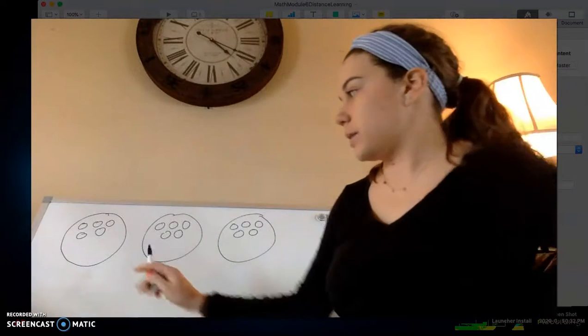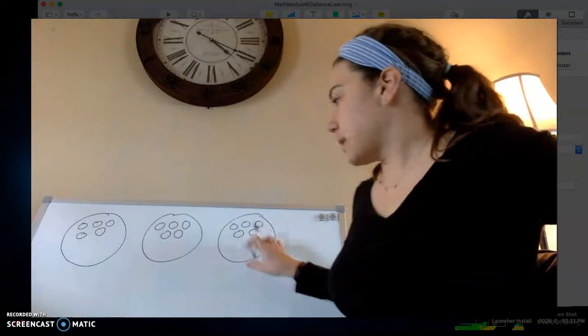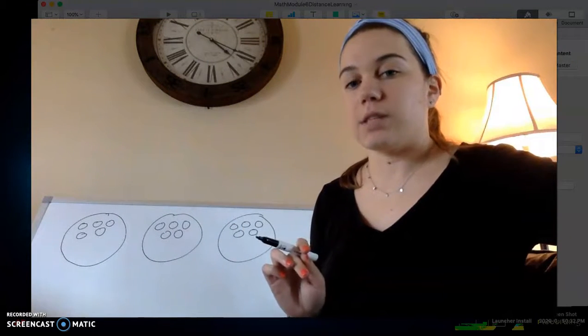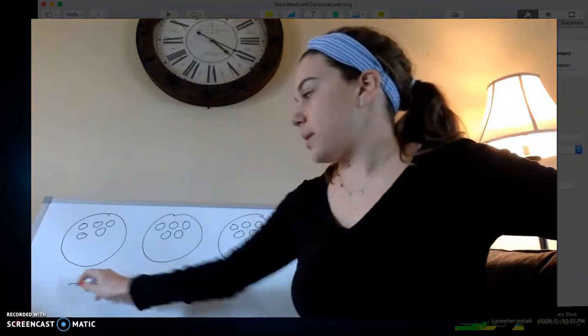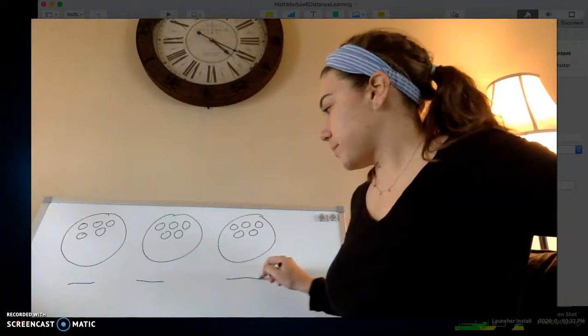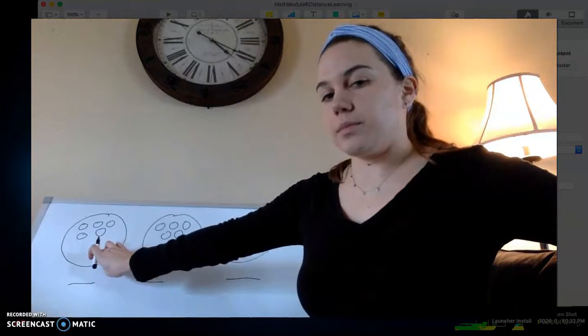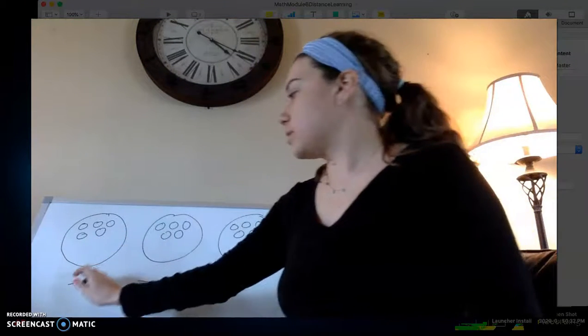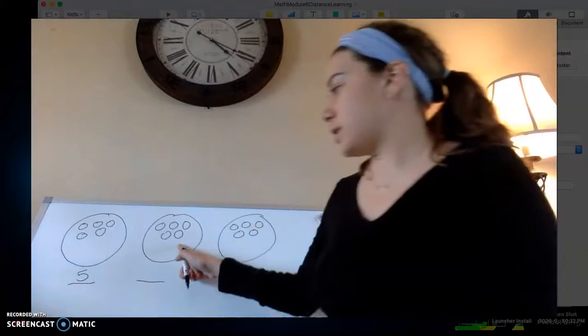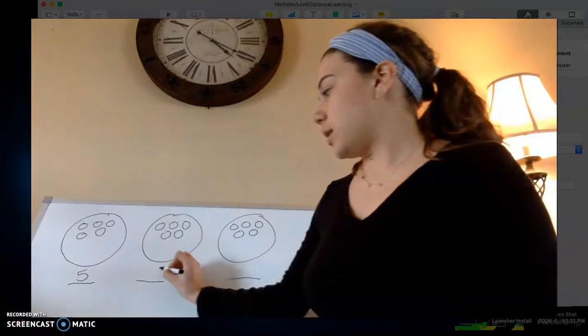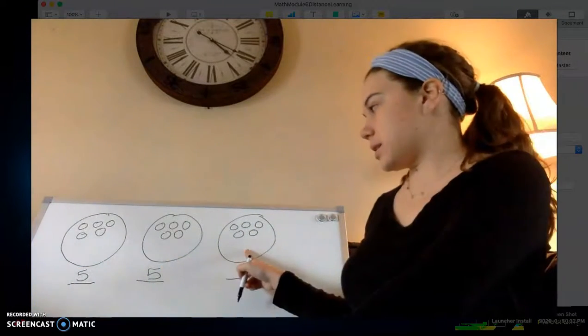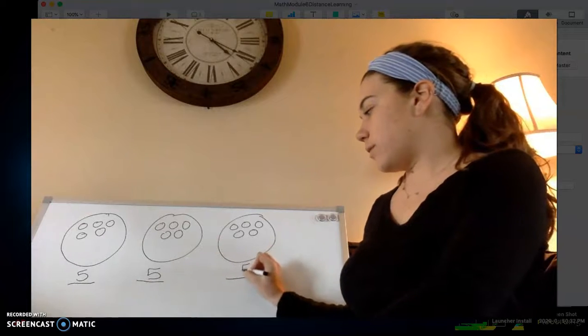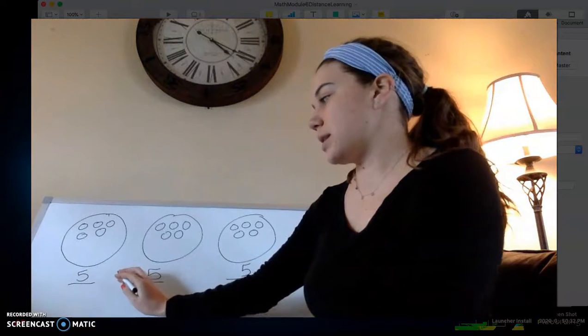So let's look. We have 3 groups, and in each group there are 5 circles. So we're going to do our repeated addition sentence again. How many are in this group? Good, 5. How many are in this group? Good, 5. And how many are in this group? Good, 5.